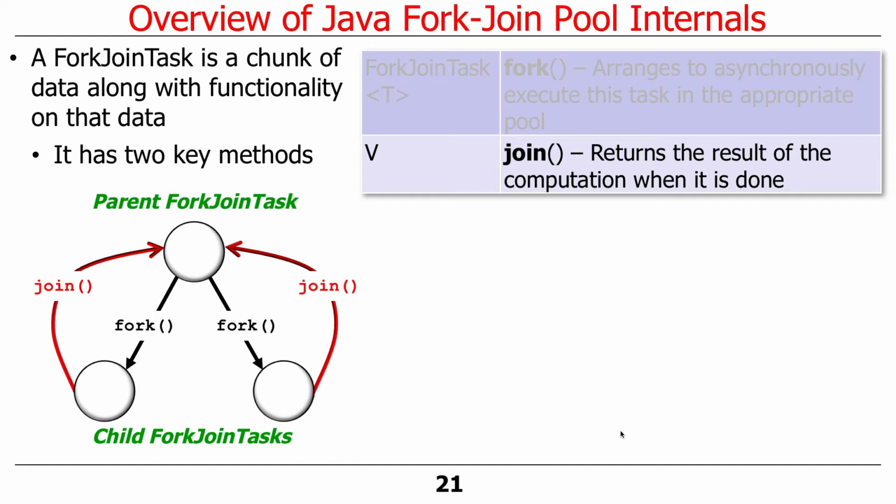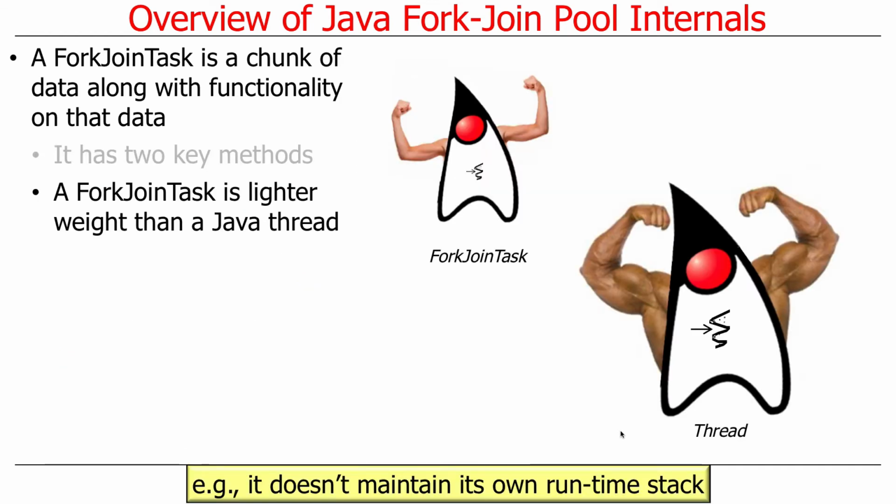It's a very simple model, but there's all kinds of really cool things that they can do to optimize it under the hood. So one of the things to remember is that a ForkJoin task is not a thread. In other words, it doesn't have its own runtime stack. You can't actually schedule a ForkJoin task on a core. Instead, you can take a bunch of ForkJoin tasks, and we'll see how they're managed in a minute, and you can queue them up in clever ways, and then you can have a pool of threads, these guys, the big honking steroid Java threads that really have their own stack and their own ability to run on their own core and so on and so forth.